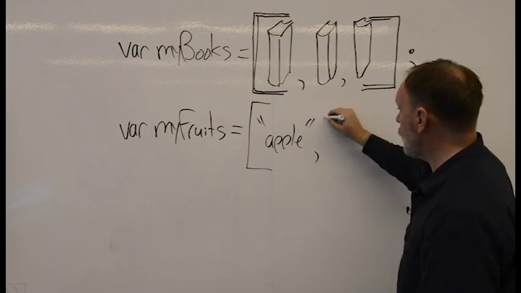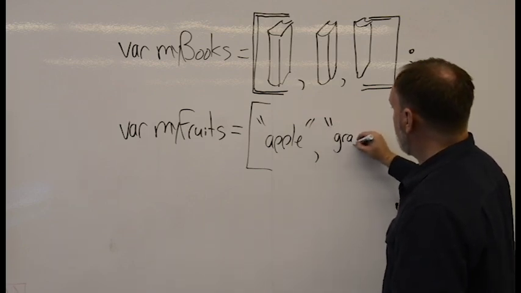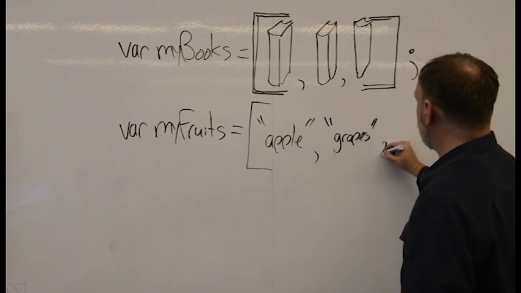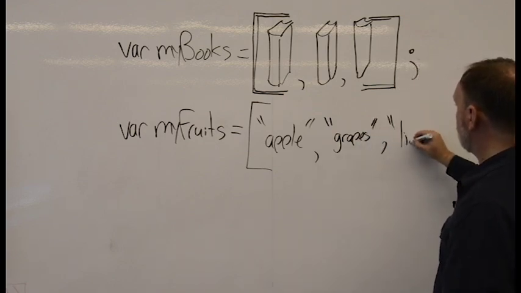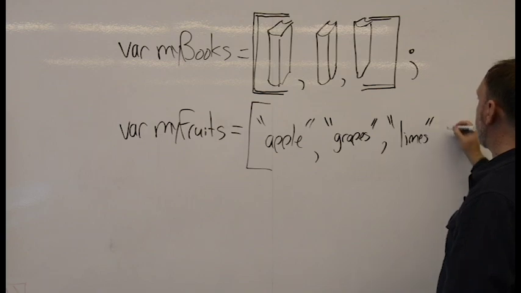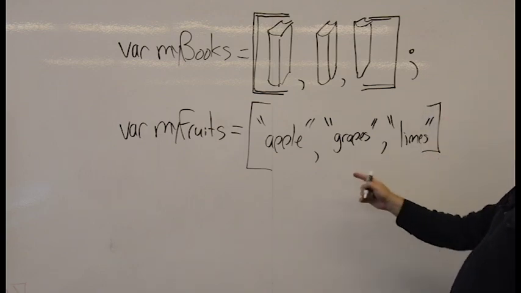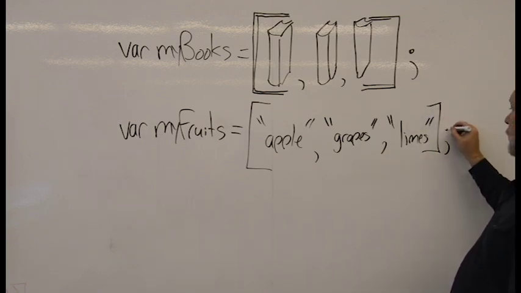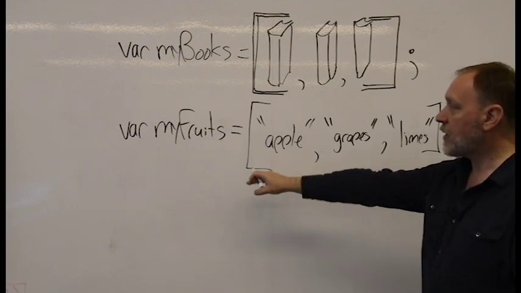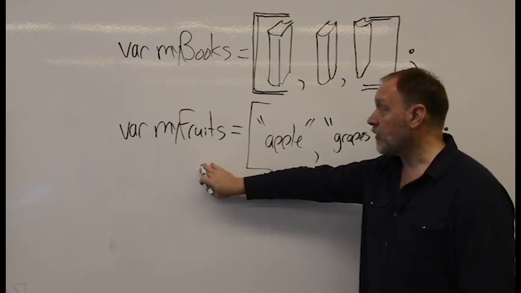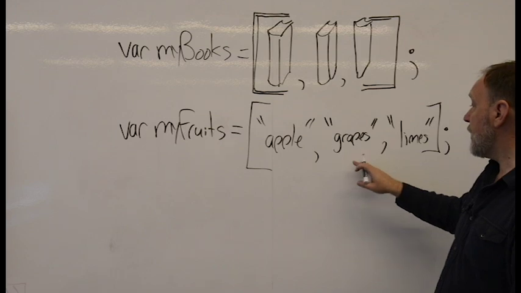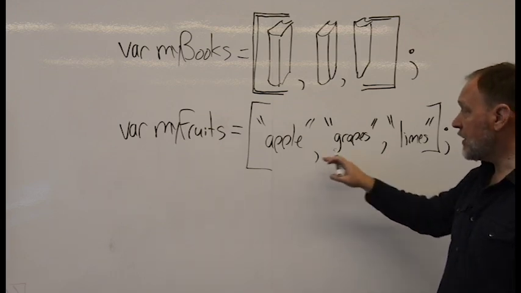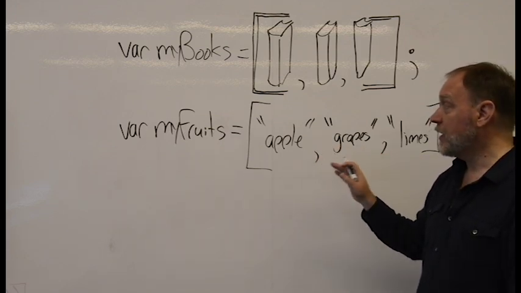So it's got its own space on the bookshelf. Limes, a closing square bracket for the bookends and a semicolon to end the statement. So this is our array of myFruits. One variable keeping track of 3 different values, but you can see they're related values.